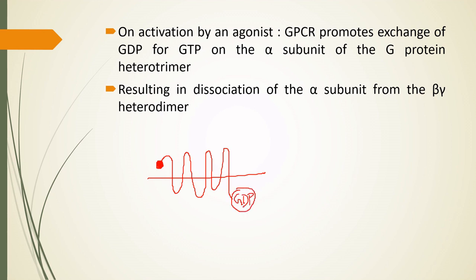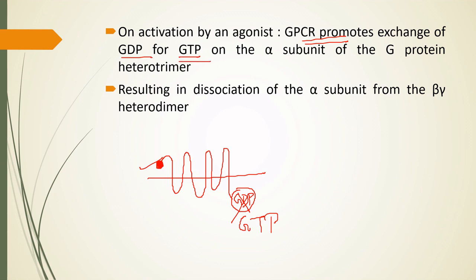Now once it is activated by the agonist, the GDP will be removed, and in place of GDP, we are going to get GTP. So once it is activated, this G protein coupled receptor promotes the exchange of GDP for GTP.